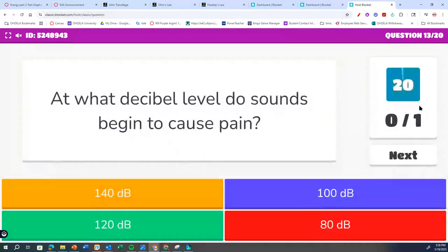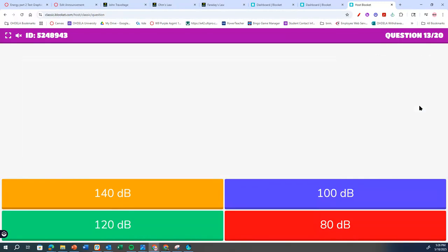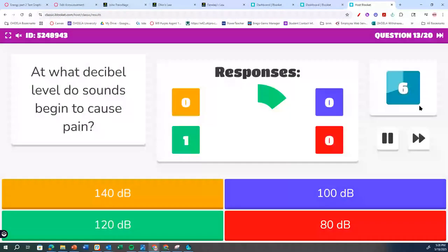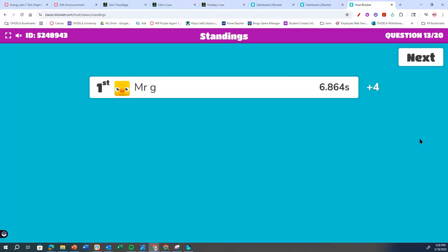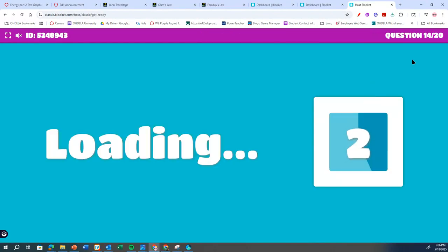At what decibel level does sound cause you pain? About 120 decibels is where we cause the pain. That's like a jet you hear if you have no ear protection. If you're working in construction, for sure you should be wearing ear protection.